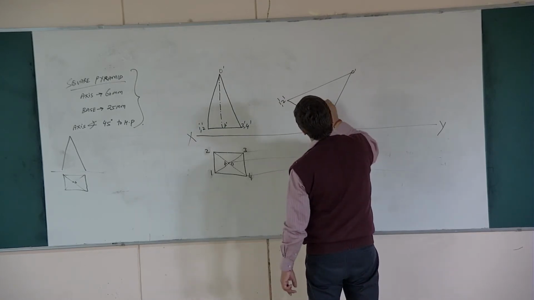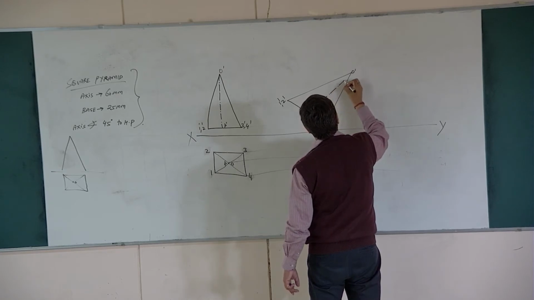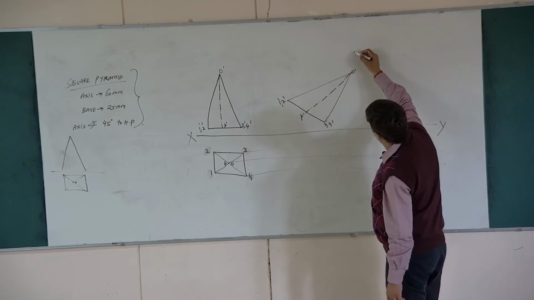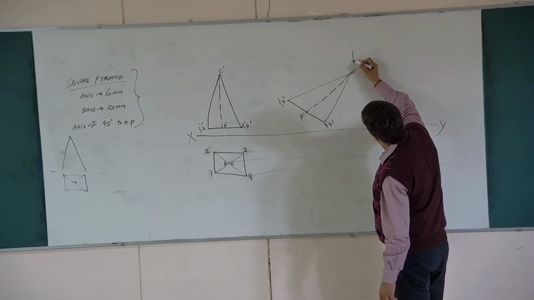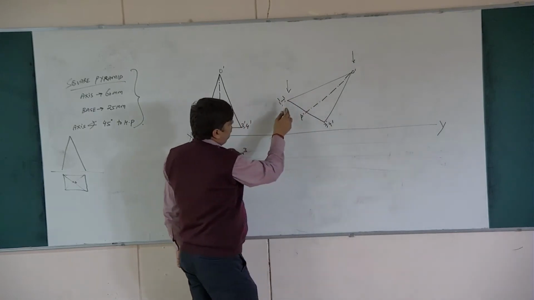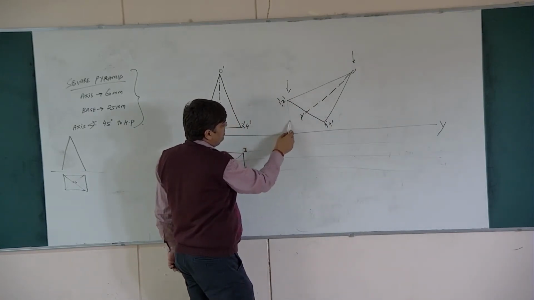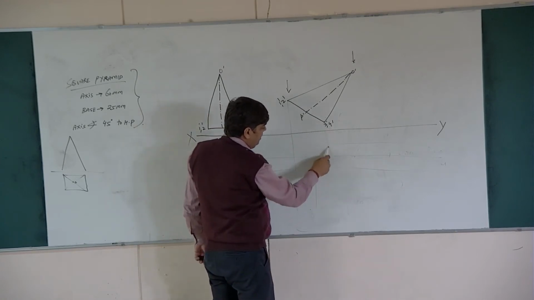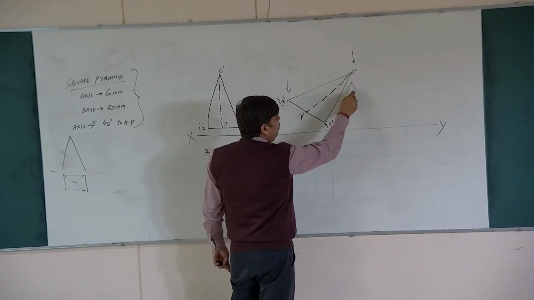Axis drawn dash dot dash dot. Now I will drop the projectors: 1 dash, 2 dash, P dash, 3 dash, 4 dash, and then O dash.